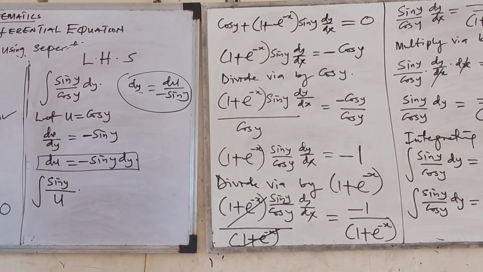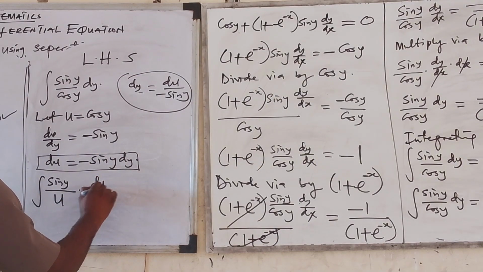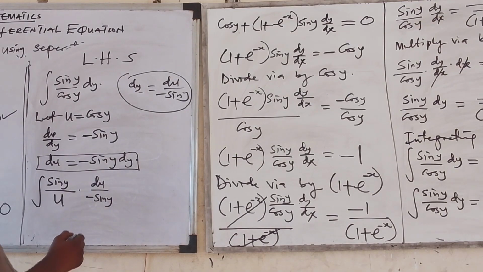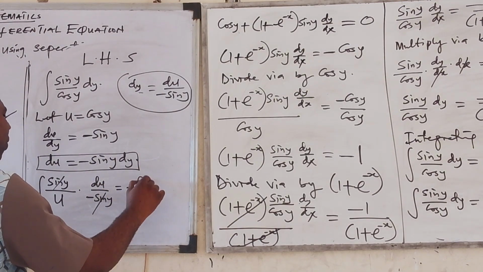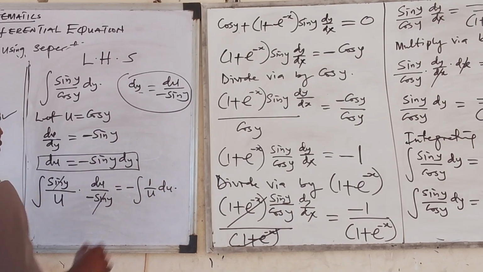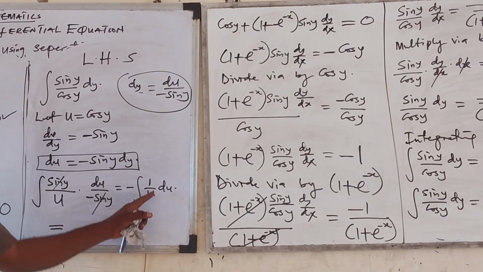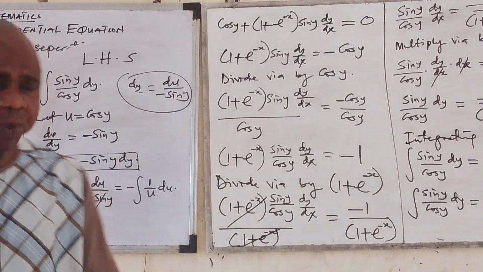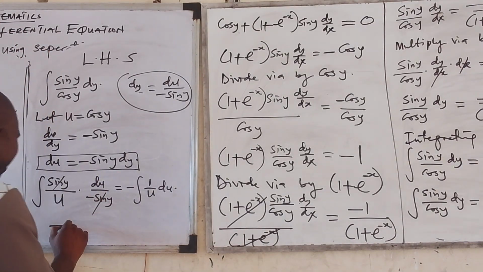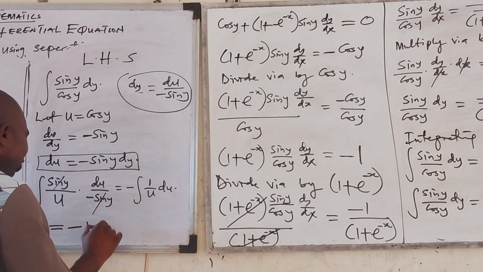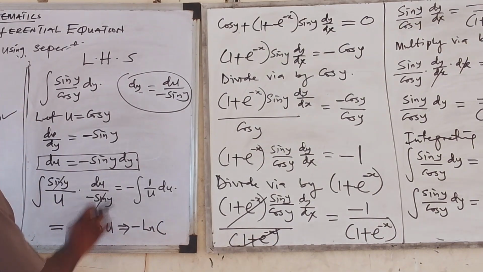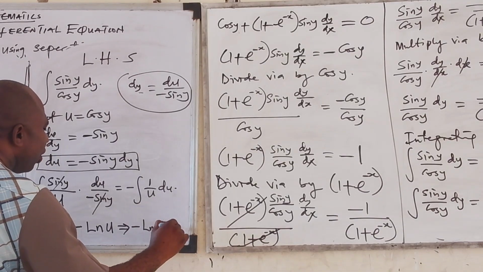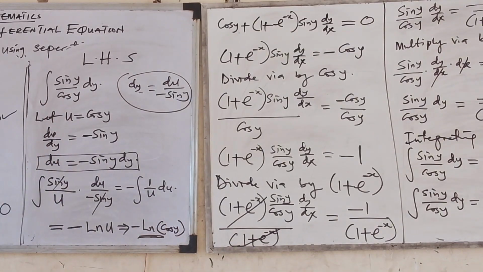So this sin y will cancel with this sin y, and we have minus the integral of 1 over u du. When you integrate 1 over u, it gives ln u. Because of the negative sign, we have minus ln u, which is minus ln of cos y. So we're done with the left hand side.